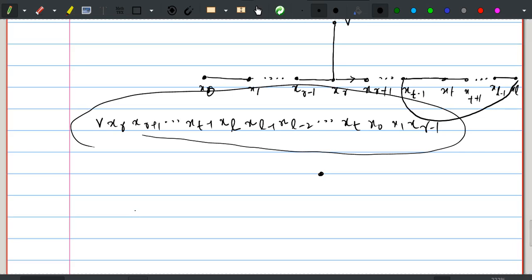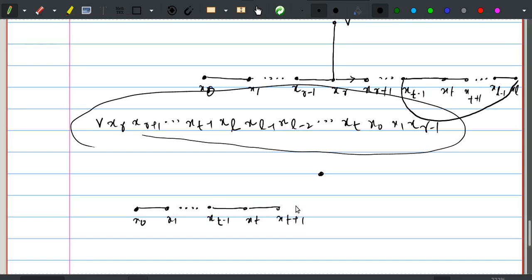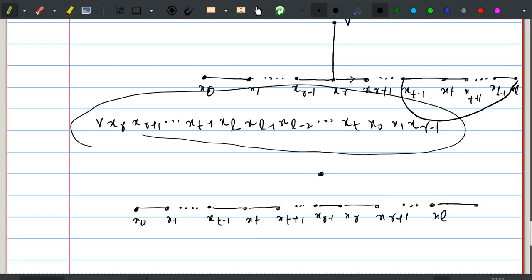This is X0, then X1, so on, XT minus 1, XT plus 1, so on, XR minus 1, XR, XR plus 1, so on, XL minus 1, XL.